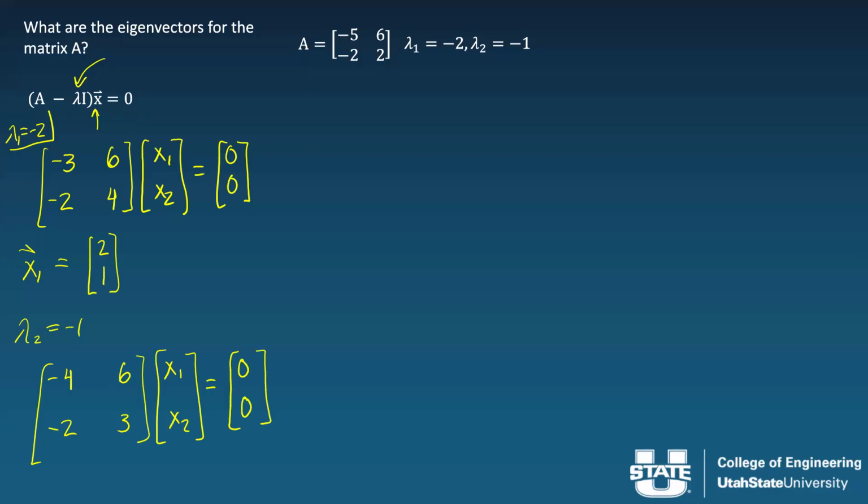And in this case, our eigenvector associated with the second eigenvalue would be 3 and 2. And we can see if we multiply that, right, matrix multiplication, -3 times -4 would be 12, plus 6 times 2 would be 12. So that would equal 0 for both of those rows in the multiplication process.